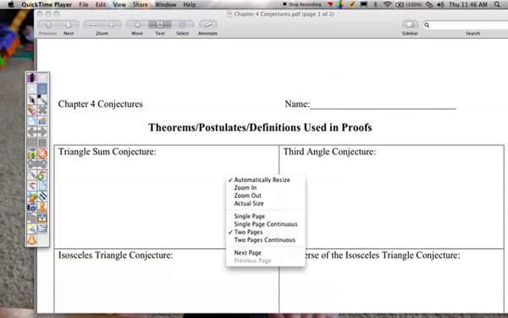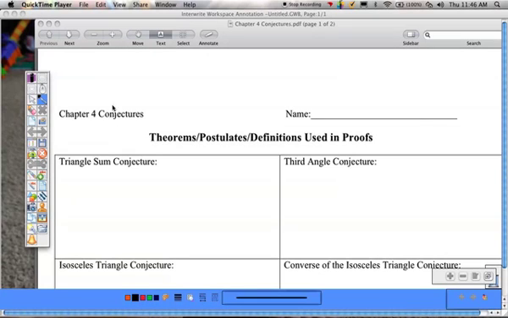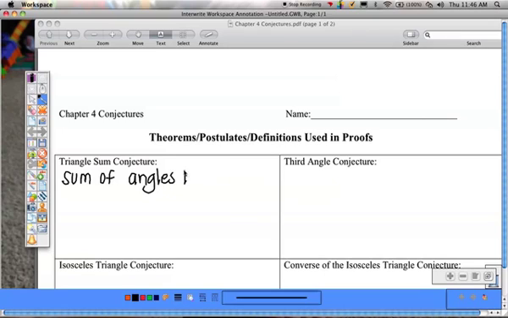or at previous podcasts. So the first one, triangle sum conjecture, we know in a triangle, the sum of the measures of all the angles is 180 degrees. The sum of the angles is 180 degrees. Okay.